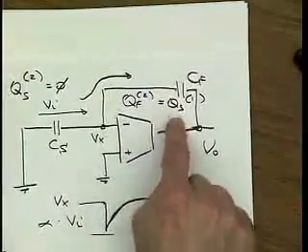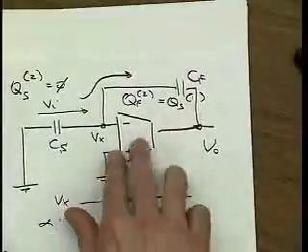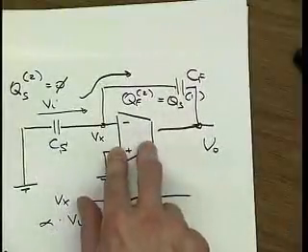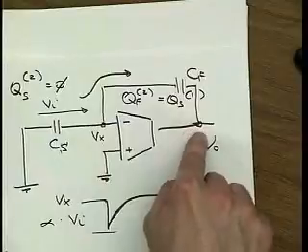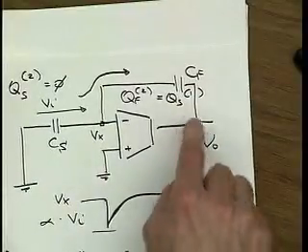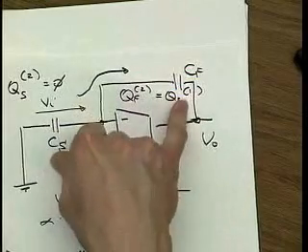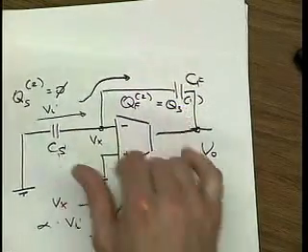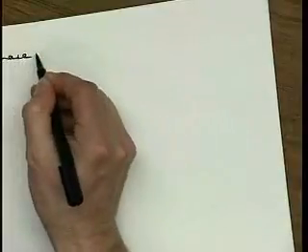So let's forget for the moment about the noise of the operational amplifier and just figure out the variance of the voltage out here based on these noise samples that we captured during phase 1. During phase 2, there are really two things that happen.